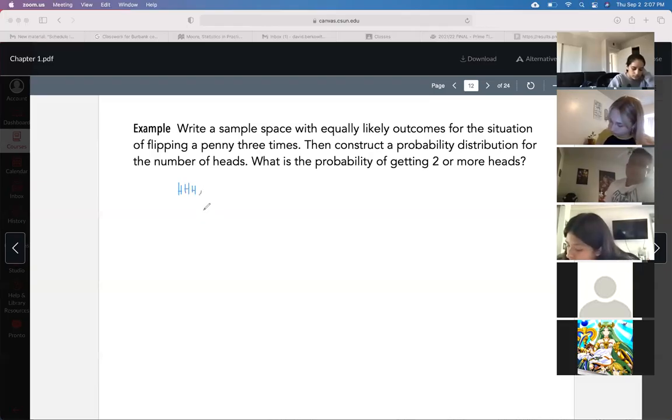Another outcome, heads, heads, tails, heads, heads, tails, head, tail, tail, heads, tails, tails. Before we keep going, how many outcomes are there going to be? 3. Or is there no other possibility? No, there's many more. So the question is, how many are we going to have?